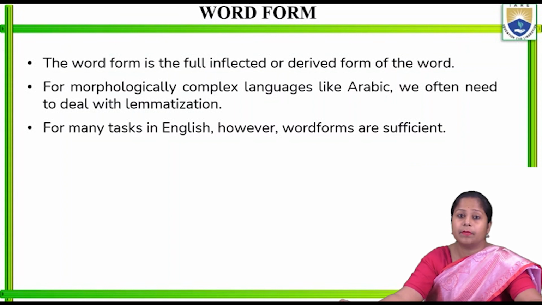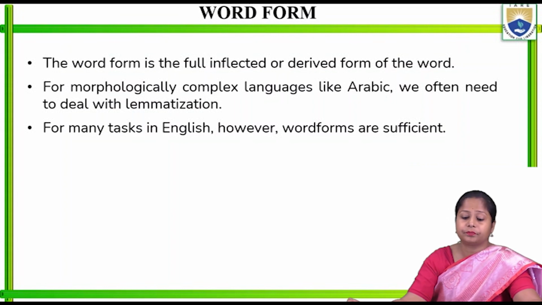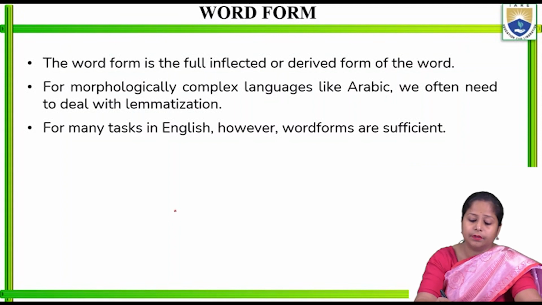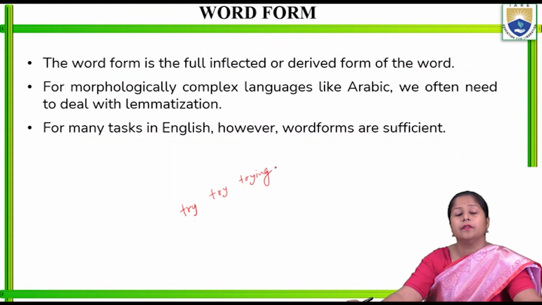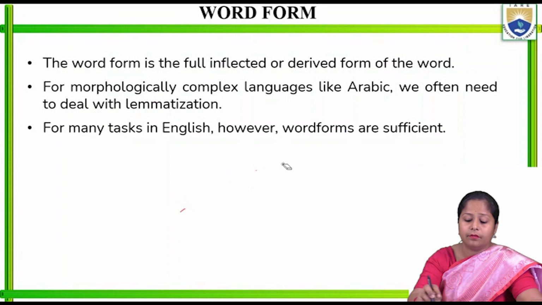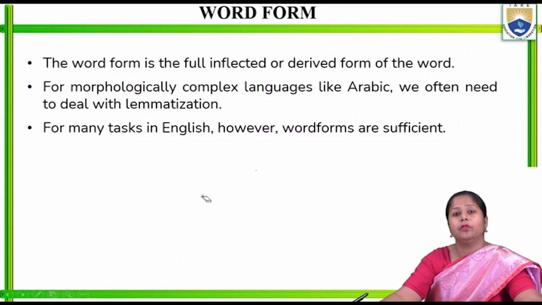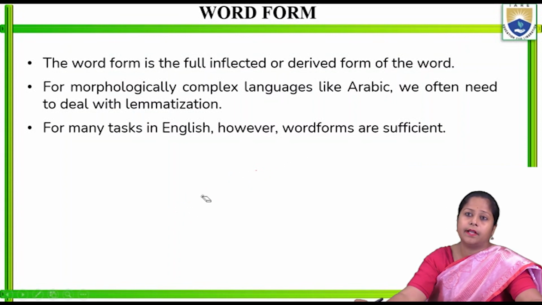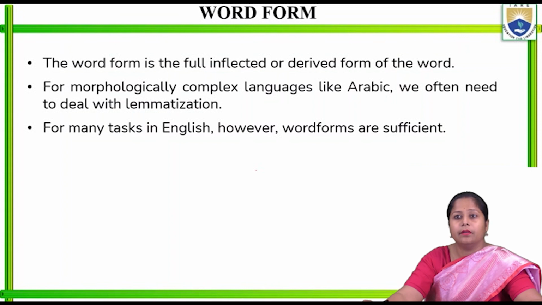If I take some other word, suppose "try", there are the forms "try" and "trying". That is what makes a word form. For morphologically complex languages like Arabic, we often need to deal with lemmatization.